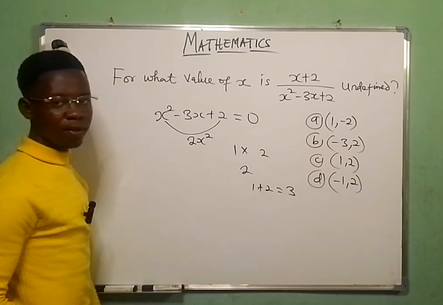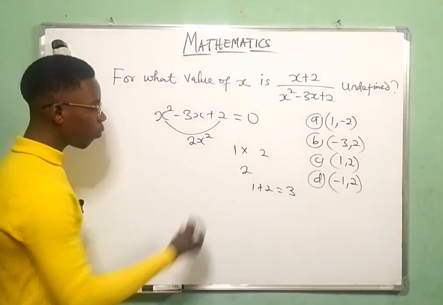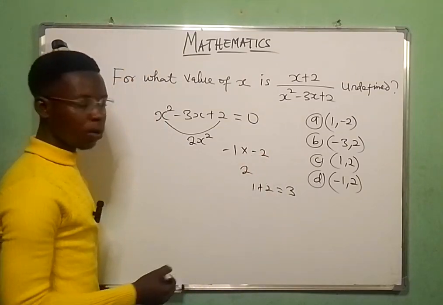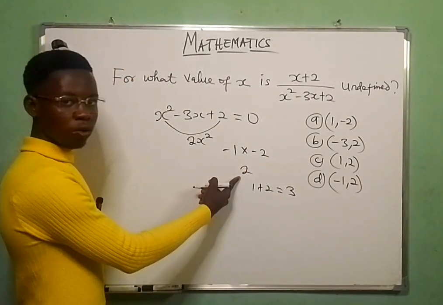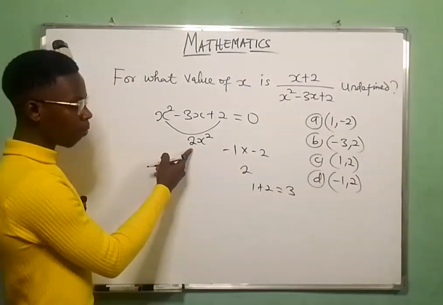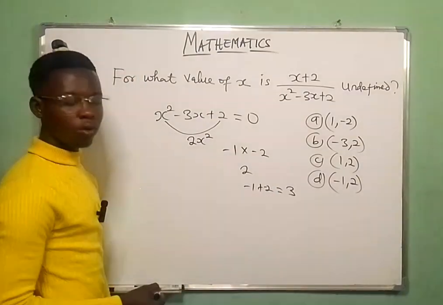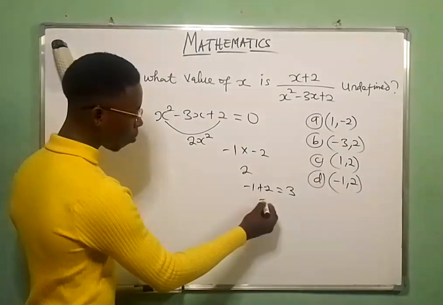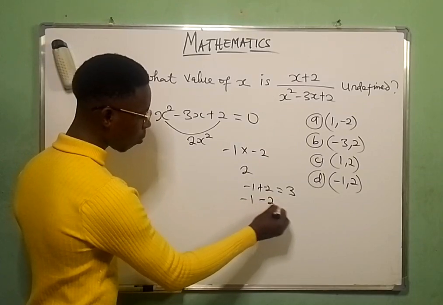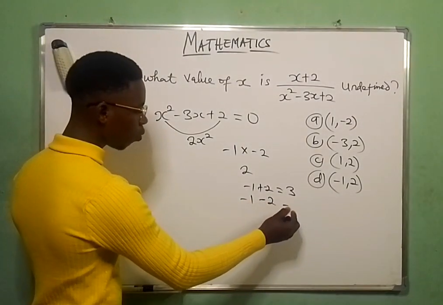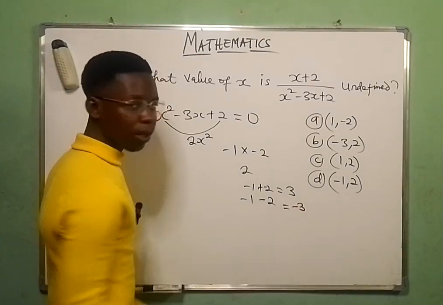It means when you say minus 1 times minus 2, minus times minus will give me 2, and that is the 2 we are having here. Now, minus 1 minus 2, plus minus will still give me minus, so you still have minus 1 minus 2. Therefore, minus 1 minus 2 will give me minus 3.